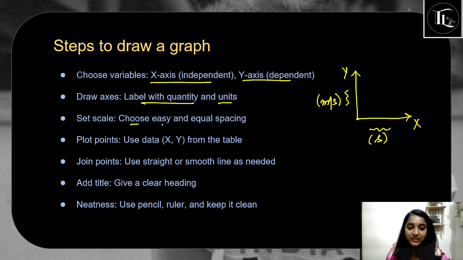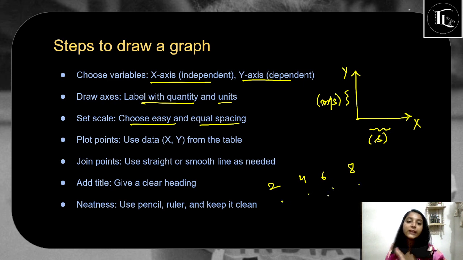Then set the scale. Choose easy and equal spacing. Suppose the reading is like 2, 4, 6, 8, then it's better that we go with 2, 4, 6 and 8 and all the even numbers, rather than representing it with 1, 2, 3, 4, right? Suppose the data is like 5 seconds, 10 seconds, 15 seconds and 20 seconds.